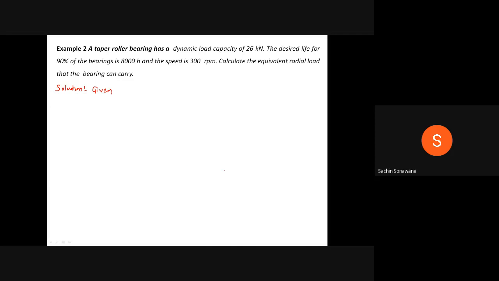They have given the dynamic load capacity 26 kilonewton, meaning the value of C. C is equal to 26 kilonewton, which is equal to 26,000 Newton. Lh is again 8,000 hours. Now they have given RPM, n is equal to 3000 RPM.